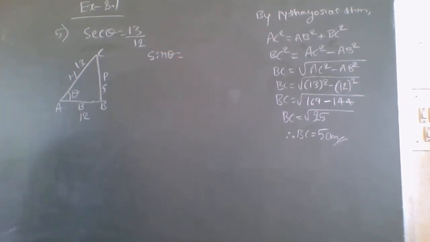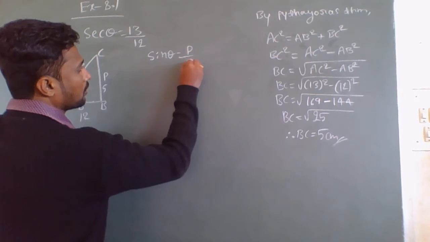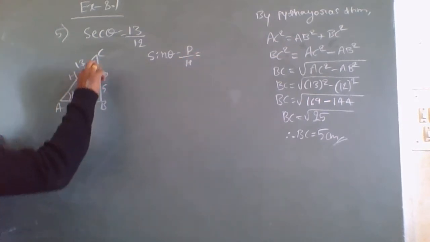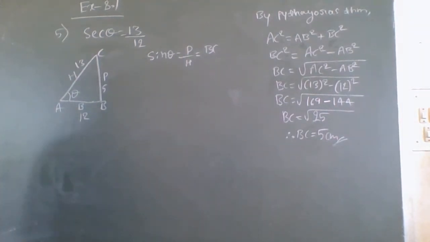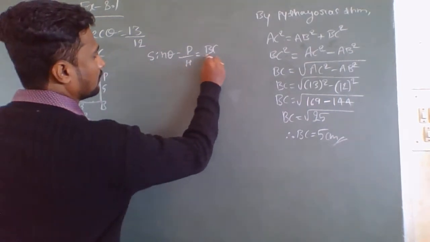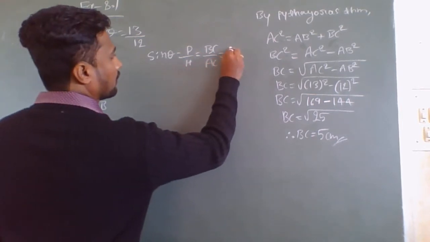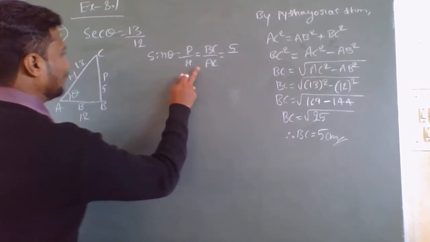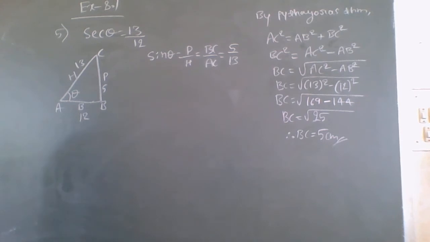You all know that sin theta equals perpendicular by hypotenuse. Here the perpendicular is BC and the hypotenuse is AC. The length of BC is 5 centimeter and the length of AC is 13 centimeter. Therefore sin theta is 5 by 13.